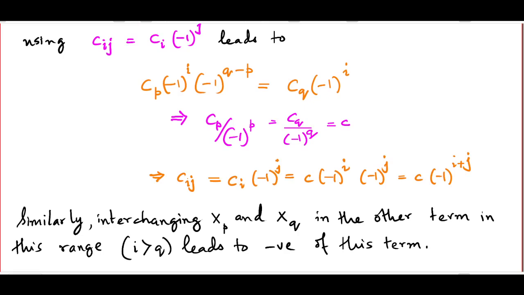Now, we had in our original sum, before the interchange that is, another term where i was more than q. If you interchange x_p and x_q there and make use of this condition for C_ij, you will see that once again that will give rise to the negative of this particular term that we are dealing with here.